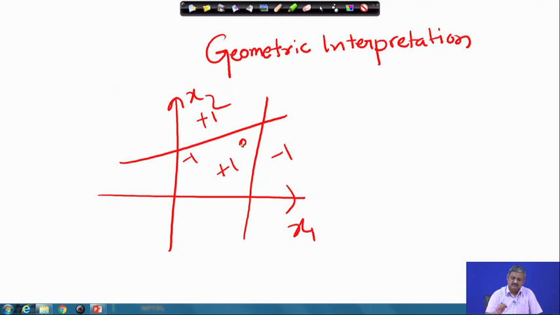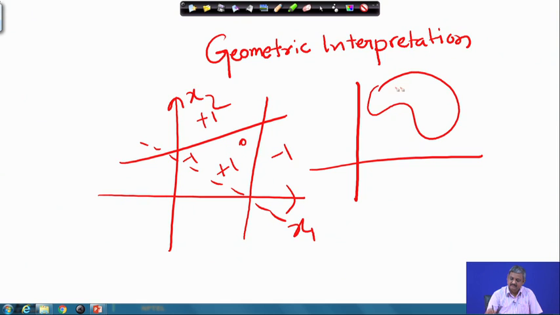These +1, -1 values are input to a second level perceptron, which looks at whether the point is on the plus side of both lines, or the plus side of one line and the minus side of the other, and gives the result. So you can see many non-linearly separable sets of classes.